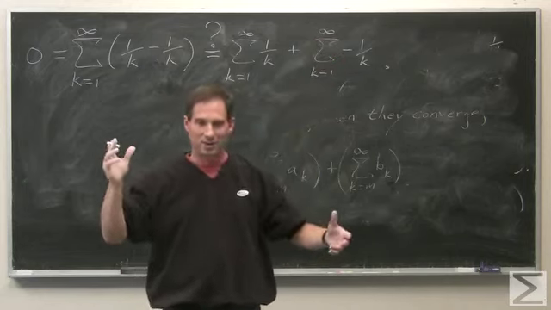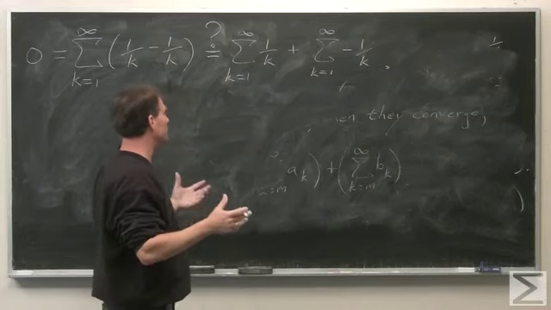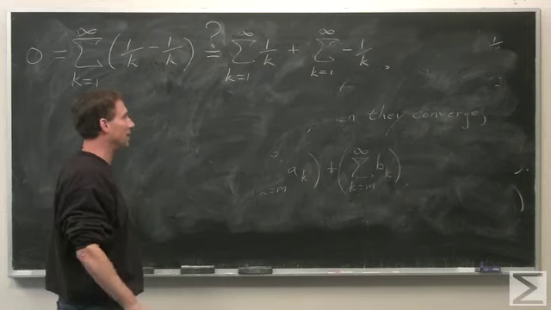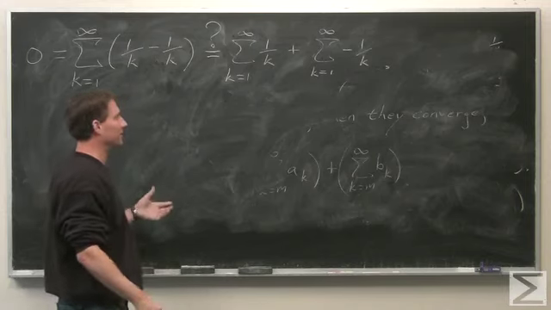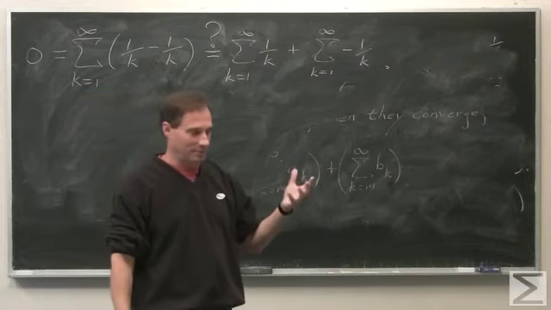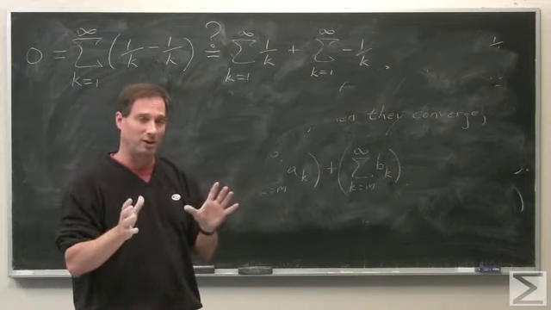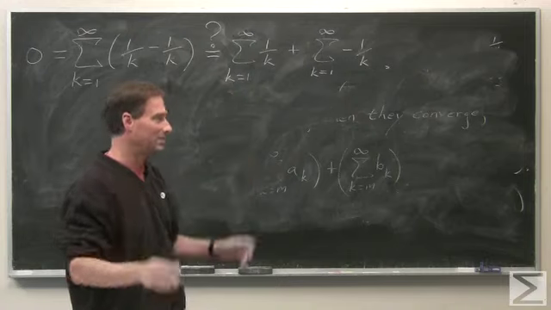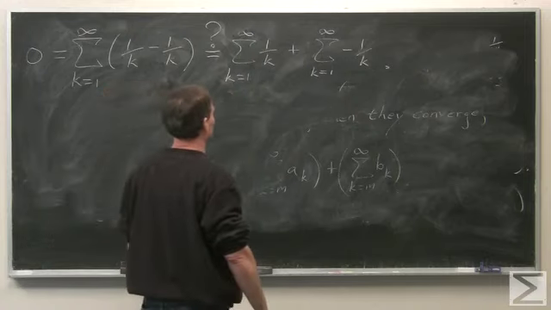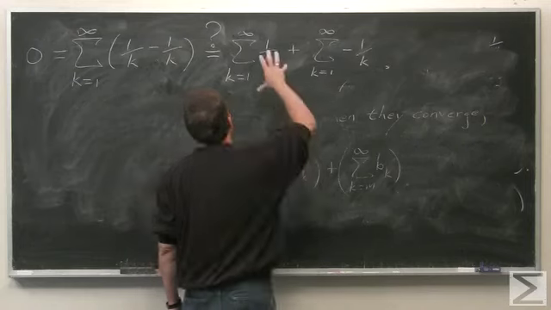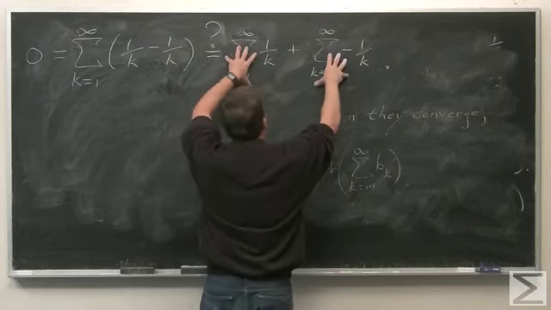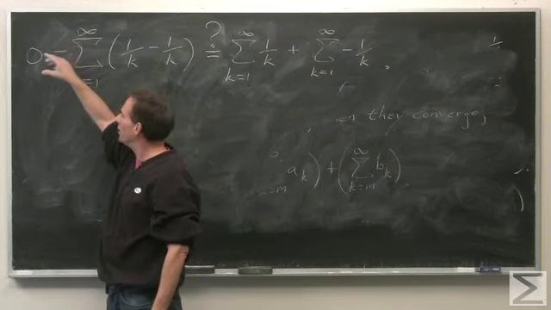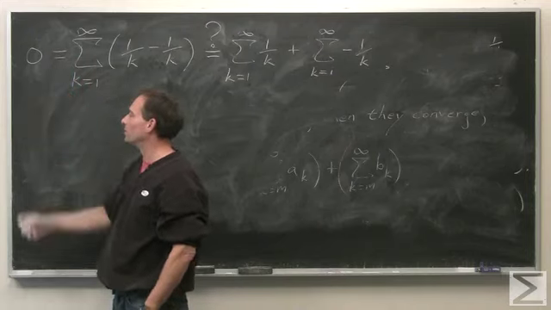Positive infinity plus negative infinity is 0. Well, no, it's not. You can't do arithmetic like that with infinities. If you get some answer that looks like infinity minus infinity, you need to check on how fast they're going to infinity. This time it looks reasonable, but the whole point is, if you split something up and these diverge, you can't conclude that the original thing diverges. It might go to 0.